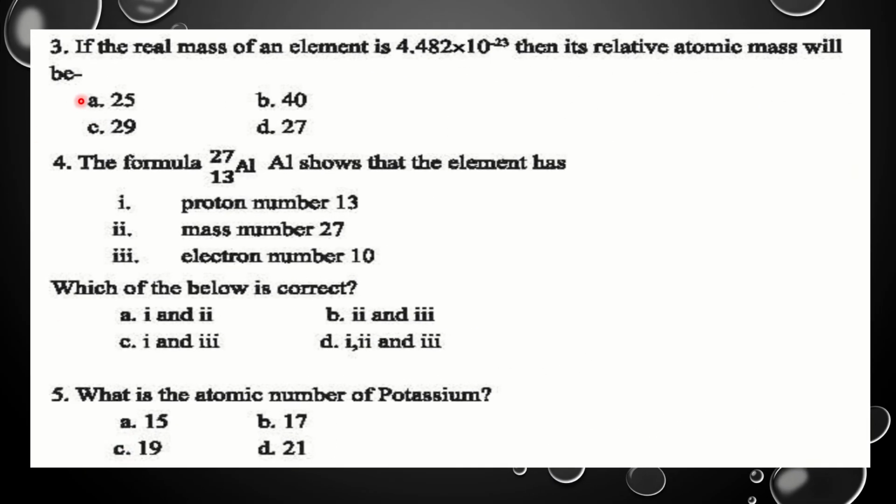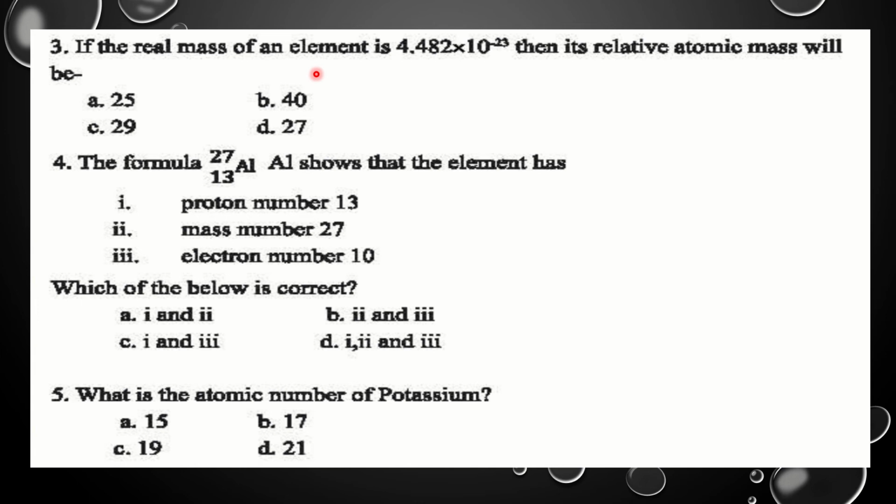Now, number 3 MCQ. If the real mass of an element is 4.482 times 10 to the power minus 23, then what will its relative atomic mass be? We know the real mass of an atom is divided by 1/12th of the mass of the carbon-12 isotope.